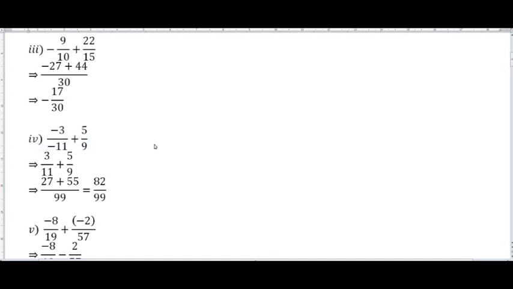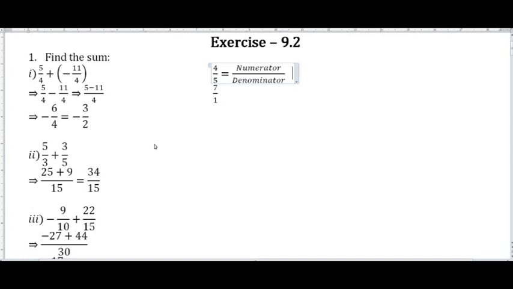So in two cases, whenever the numbers do not carry a minus sign, that is positive, and when both numerator and denominator carry a minus sign, it is also positive. A negative rational number is one where either the numerator or the denominator carries a minus sign, and that will be considered a negative number.